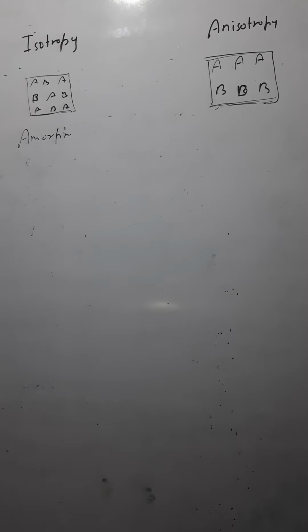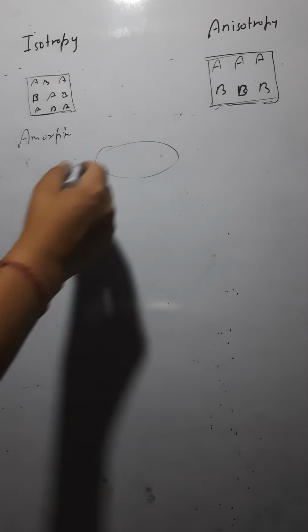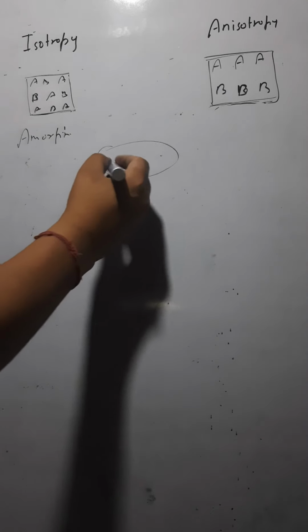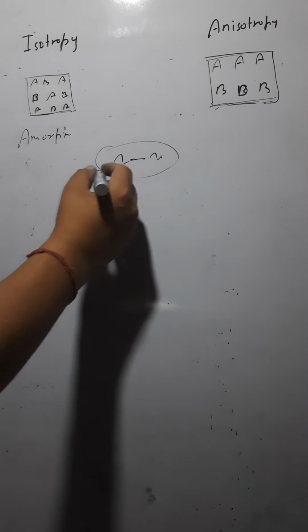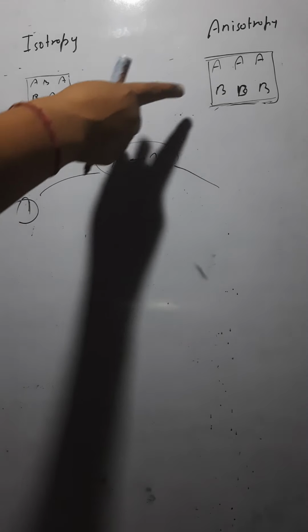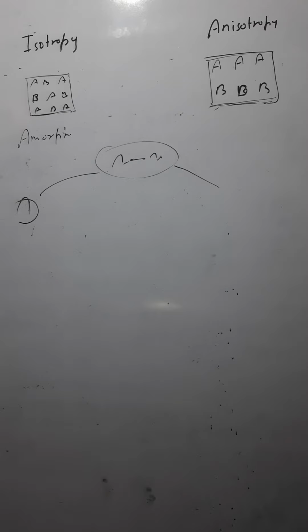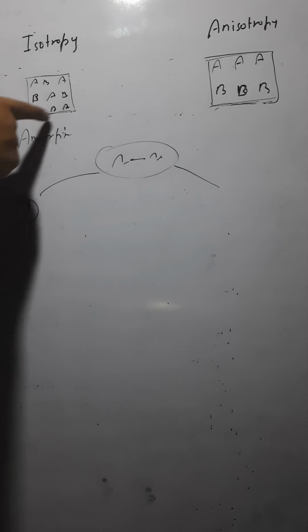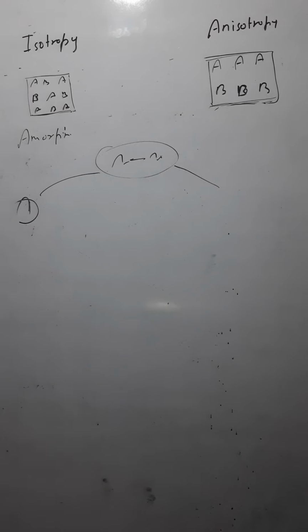If it is asked in the exam to differentiate between crystalline solids and amorphous solids, you can differentiate in two ways. First, the arrangement of the particles, which is definite in case of a crystalline solid and not definite in case of an amorphous solid.